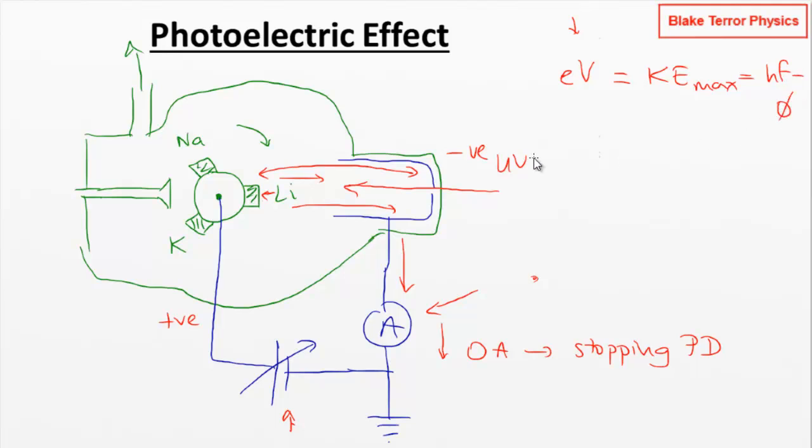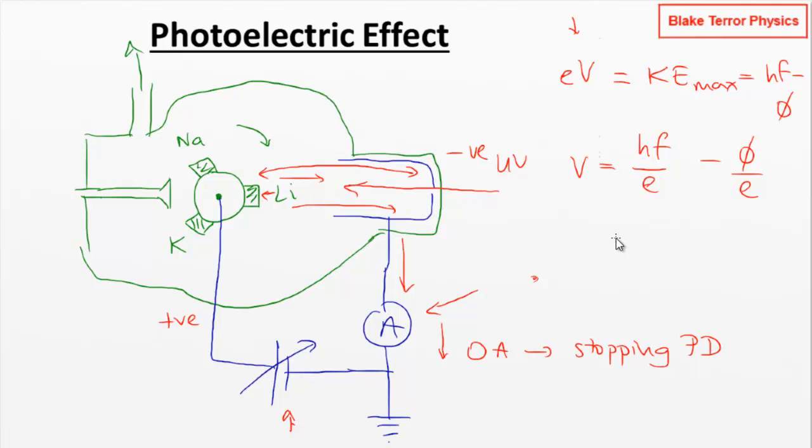So we're connecting Einstein's photoelectric equation with this stopping potential by hooking it all up to this circuit. If we then divide through by the charge on the electron, we get the stopping potential equal to hf over e minus the work function over e. We can plot this out.